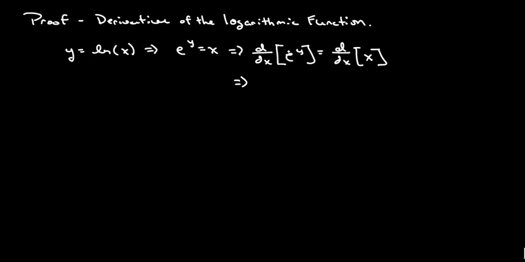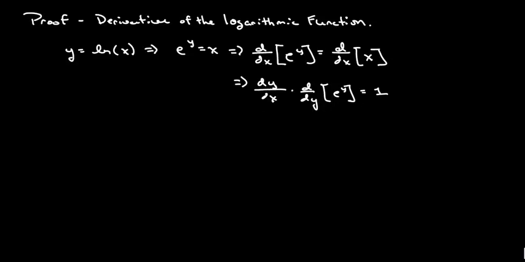Okay, so this right here, well, we need the chain rule. So this is going to be dy dx times d dy of e to the y. And this right here will just be 1, because d dx of x is 1.